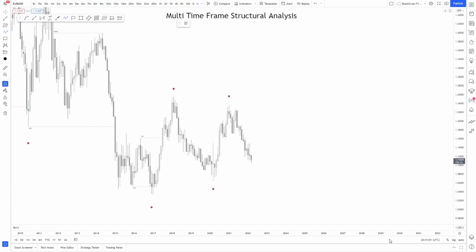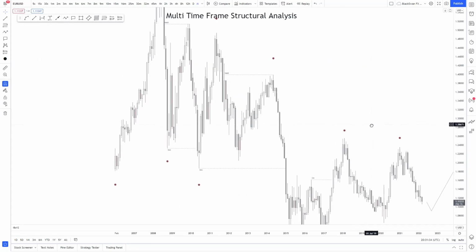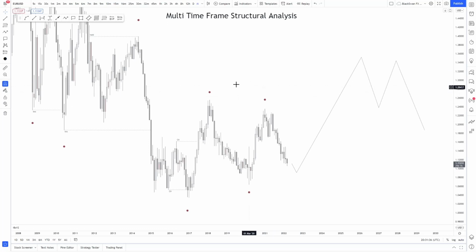We can see this low be respected and this high is just being put into the market for liquidity, and it's just tempting all the sellers to enter, and all it's going to do is just respect this low and fly off to release some of the positions higher up in the leg in more premium pricing, because right now within a weekly view of the story on EU, price is cheap.